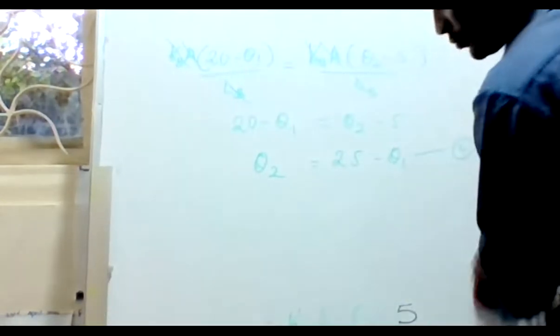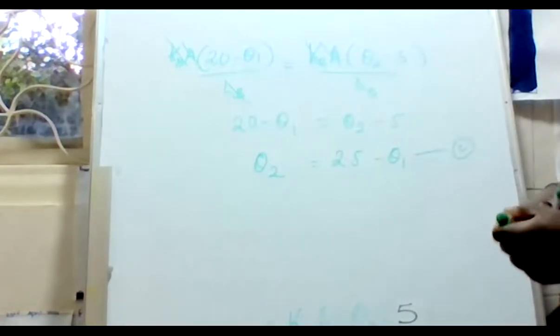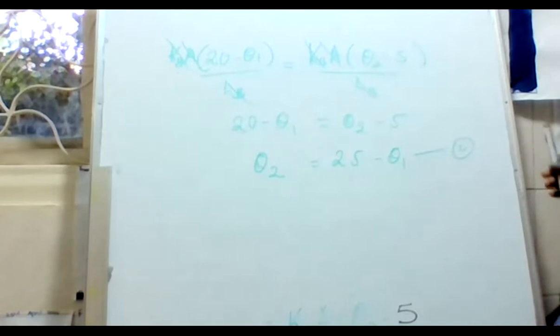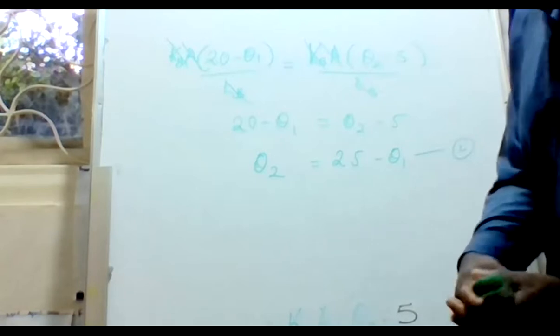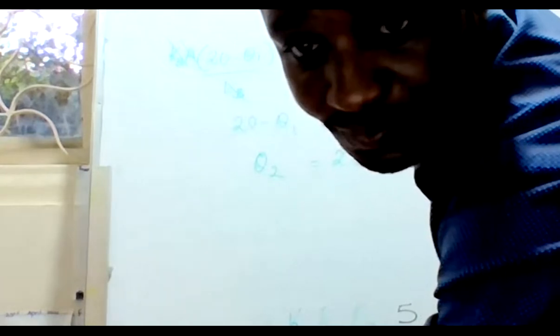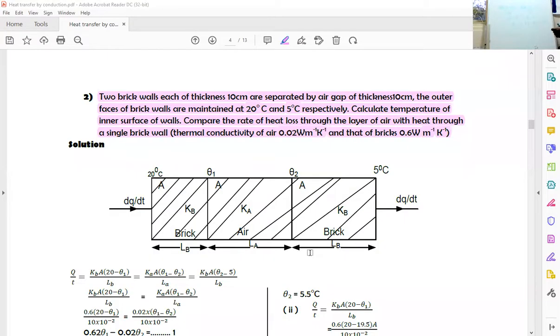So I can now say that for that equation, I'm going to substitute for theta 2 and substitute all these values here. The thermal conductivity of air is given there. Then for the brick, 0.6. So 0.6 times (20 minus theta 1) times the thickness of air.